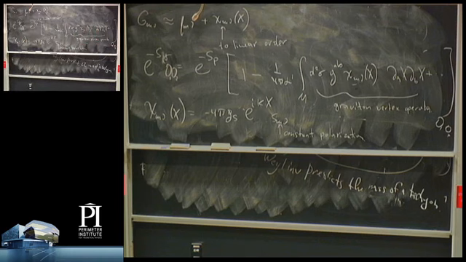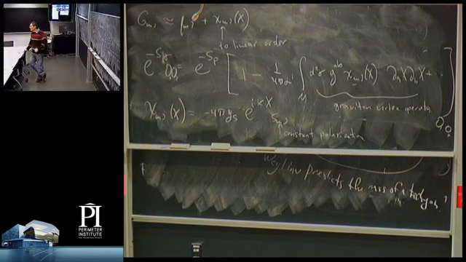A string theory in a slightly curved spacetime is a Polyakov string in a coherent background of gravitons, right? So is this clear?